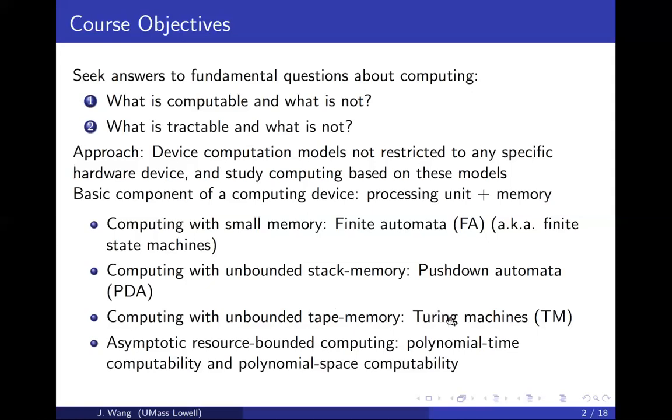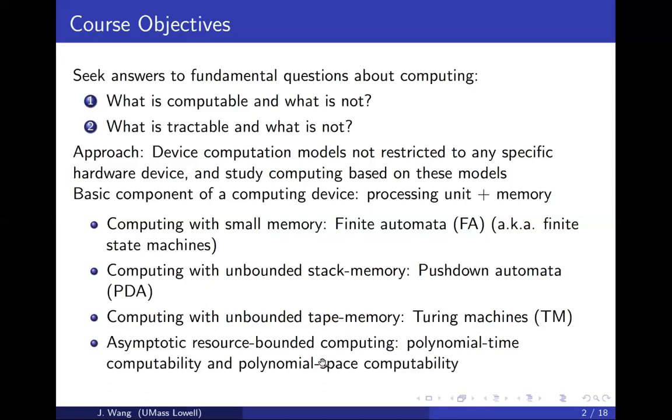Okay, so that Turing machine is a processing unit with unbounded tape memory. So we are going to use Turing machine to answer a general question: what is computable and what is not?